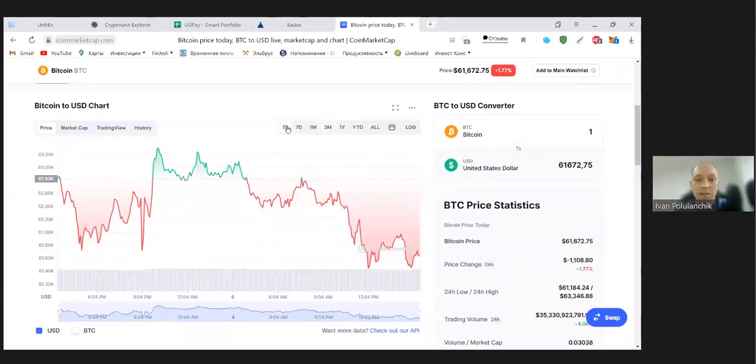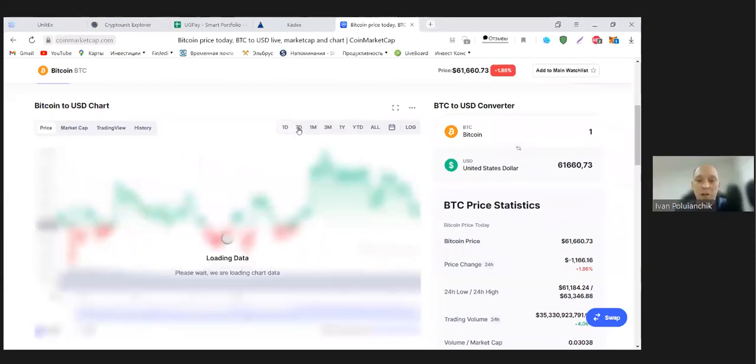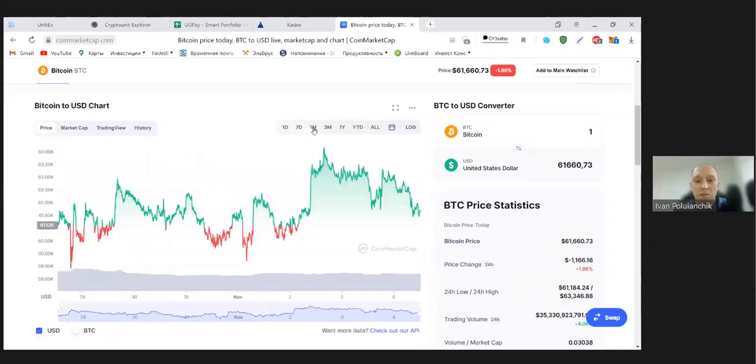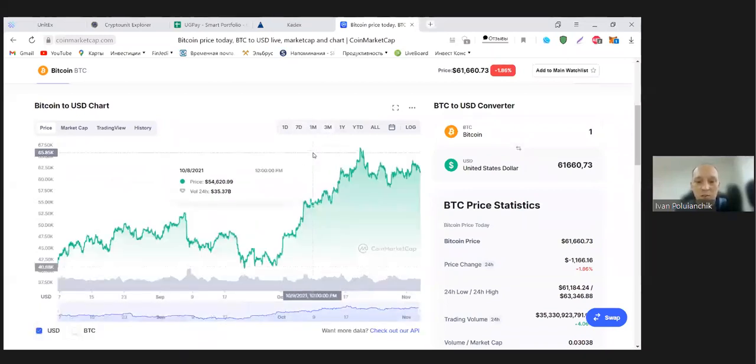Many people ask whether to buy Bitcoins or not. If you want to buy Bitcoin intraday and make some payments, now Bitcoin is dropping, and therefore it is quite risky to buy it for the short term. But if you want to invest medium term or long term, then you'd better buy.